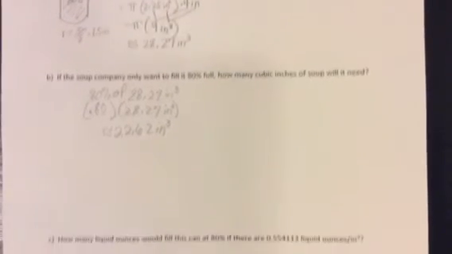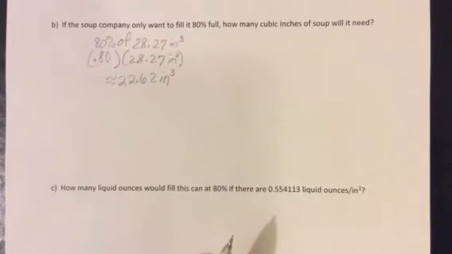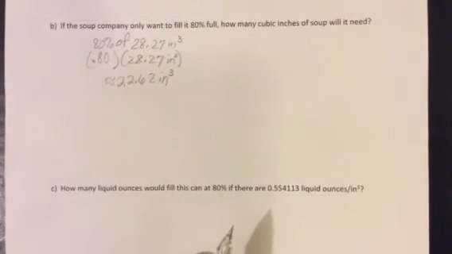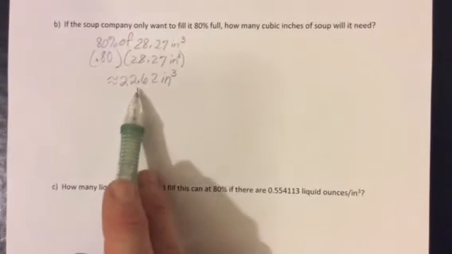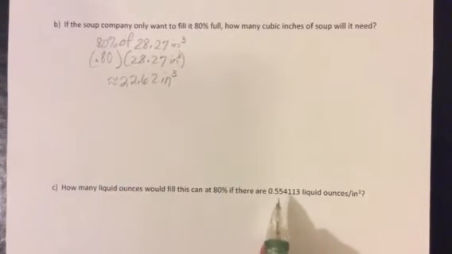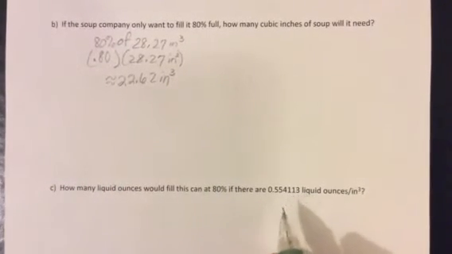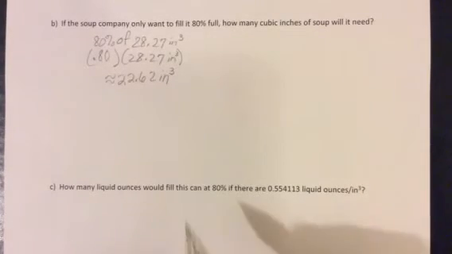Okay, so then the last part that it's written down says how many liquid ounces would fill this can at 80%, which is that right there, if there are 0.554113 liquid ounces per cubic inch.